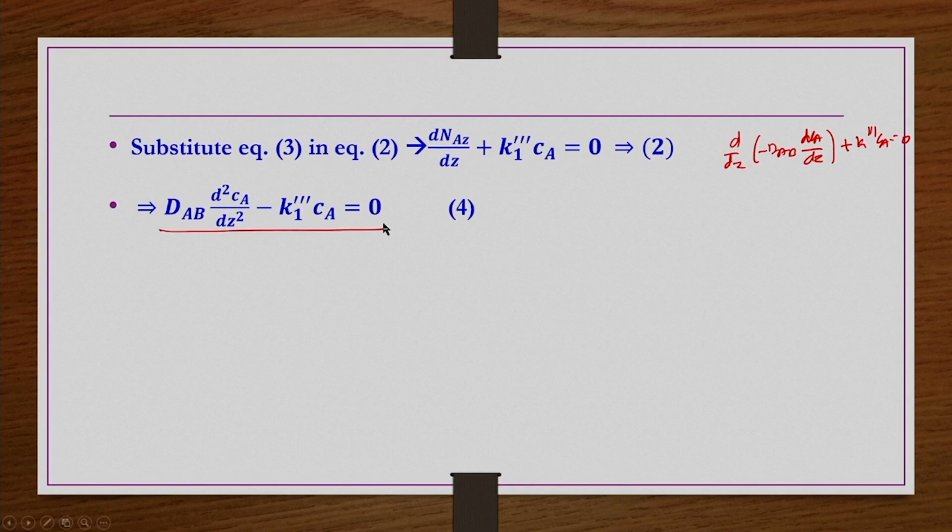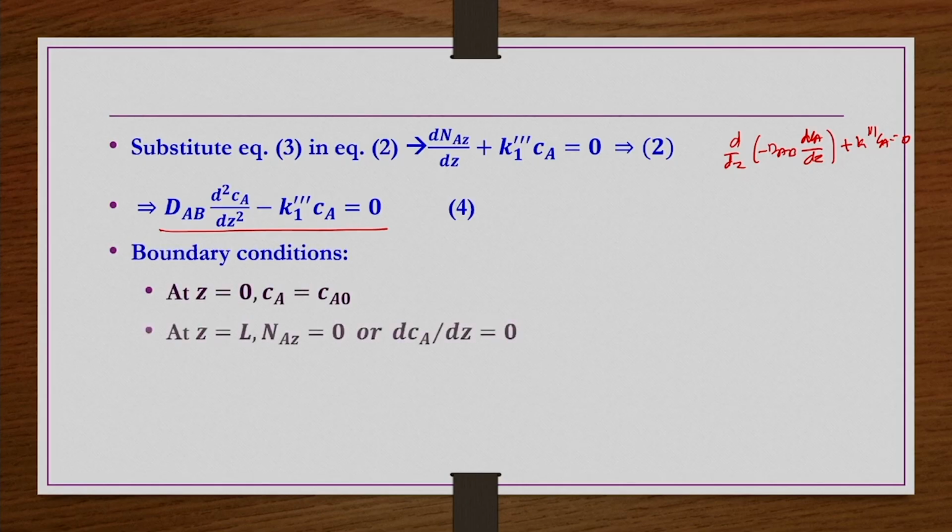That we can write as DAB d square Ca by dZ square minus K1 triple prime Ca equals 0. This equation we have to solve to get the concentration profile. The boundary conditions we have already seen: at Z equals 0, Ca is Ca naught; at Z equals L, dCA by dZ is 0, which means NaZ is 0.